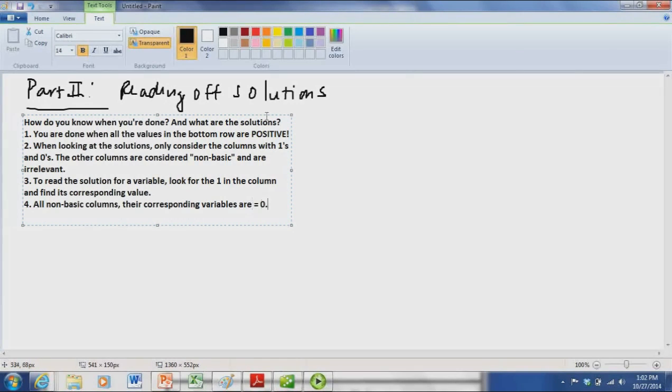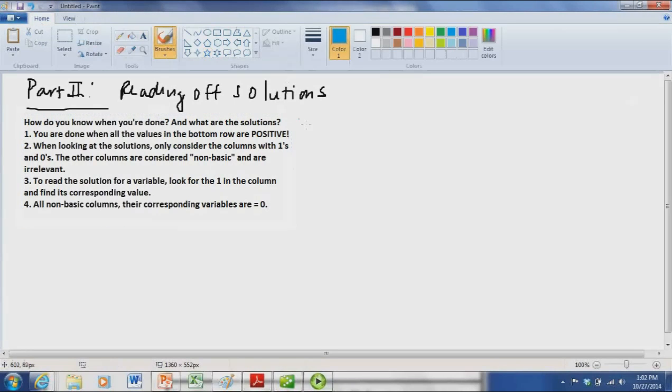All right, so let me give you some examples so you know what that means. All right, so here's example number 1. Let's do it in blue. Example 1. All right, so you've already set up the problem. You've already solved the problem. The question that you are now asking is, am I done?